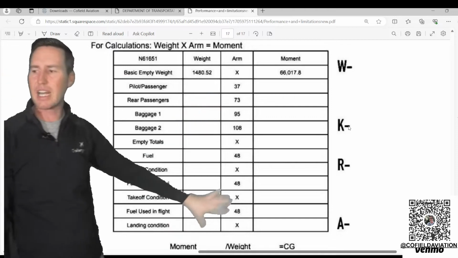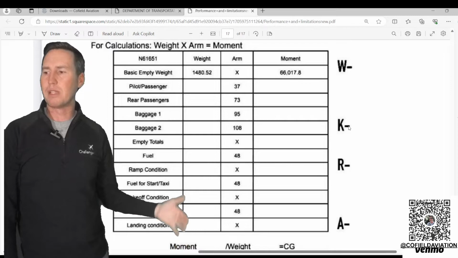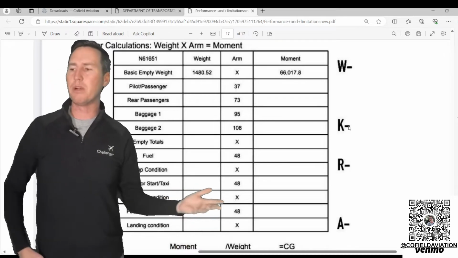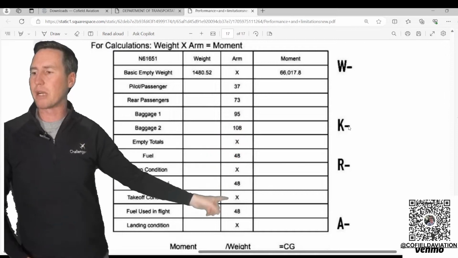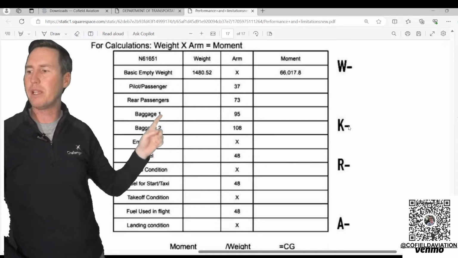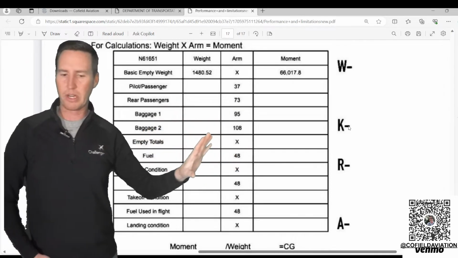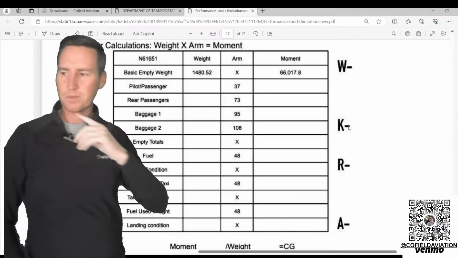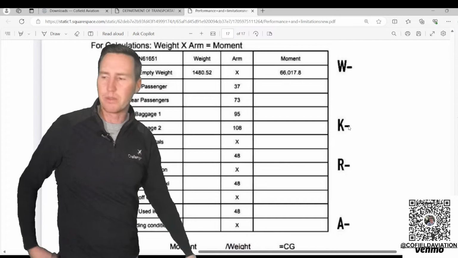This is kind of like that sample loading problem that's actually in the POH for us, except we've added these arms. I will show you where we're getting this information, okay? So simply, all we're coming up with is weight times arm equals moment. In order to go to that center of gravity chart, we need a weight, and then we need a moment, okay? So let's go ahead and start.